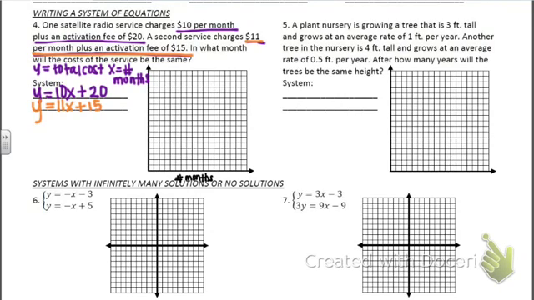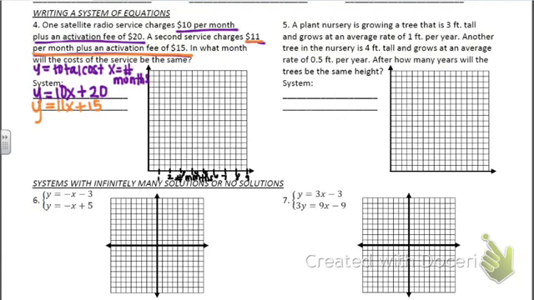Okay, so every other is going to represent 1 month. So here's how I would write that. I'm just going to put a dash at every other and label them 1, 2, 3, 4, 5, 6, 7, 8, 9. Okay? So every other dash is going to be a month. That's going to help our graph kind of spread out a little bit.